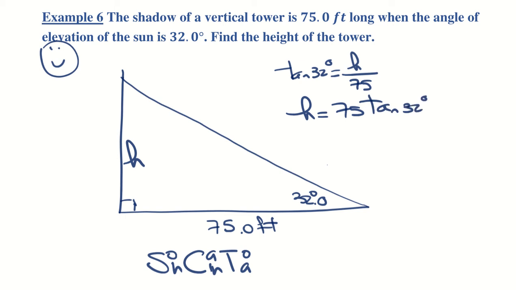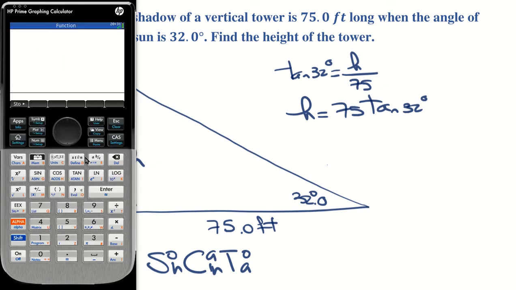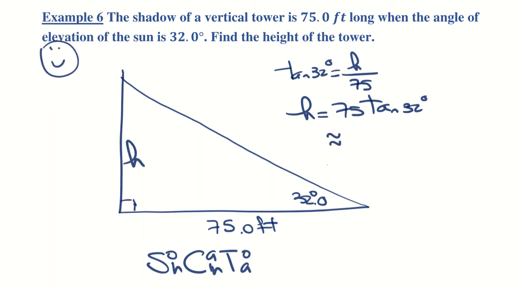Now let's calculate that. 75 times tangent of 32. So we're going to go with 3 significant digits, so 46.9. So approximately 46.9 feet, of course, because the units here are feet.